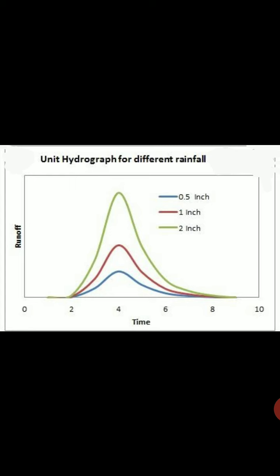For a given drainage basin, the hydrograph of direct runoff corresponding to a given period of rainfall reflects all the physical characteristics of the basin. Like this, we can plot the curves of runoff versus time.